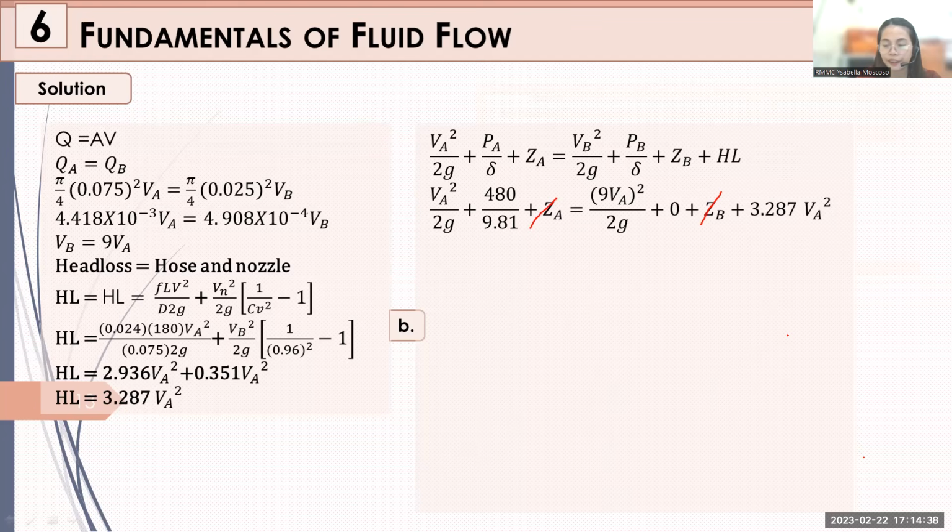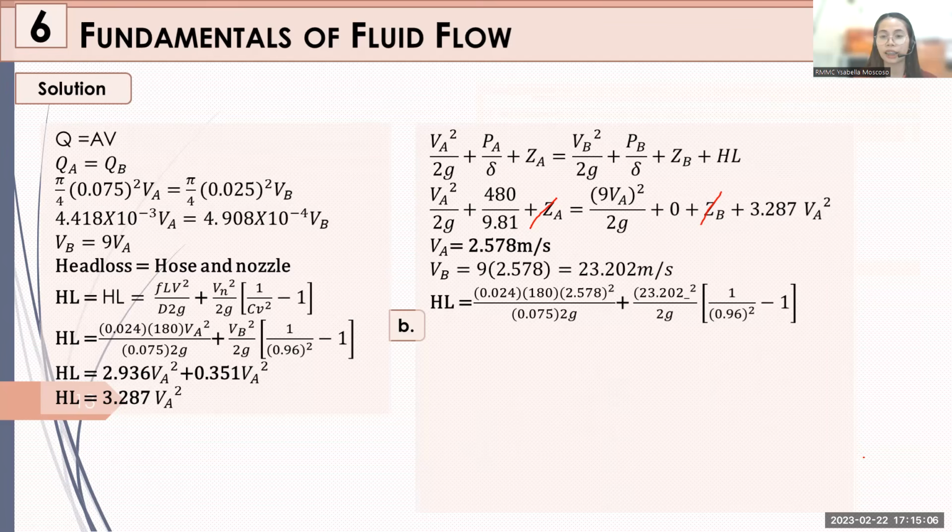Okay? So, kindly check na lang, using your calculator, your VA will fall to the value of 2.578 meters per second. That being said, if nakuha na natin yung velocity A ninyo, makukuha na din ninyo yung velocity at point B, which is equal to 23.202 meters per second. But the problem is, hindi naman yan yung tinatanong. Ang tinatanong sa atin is your head loss.